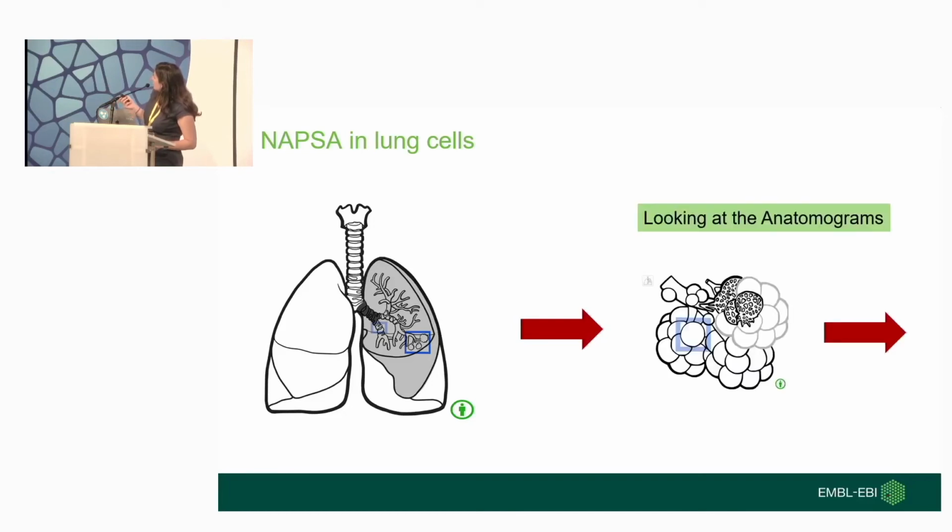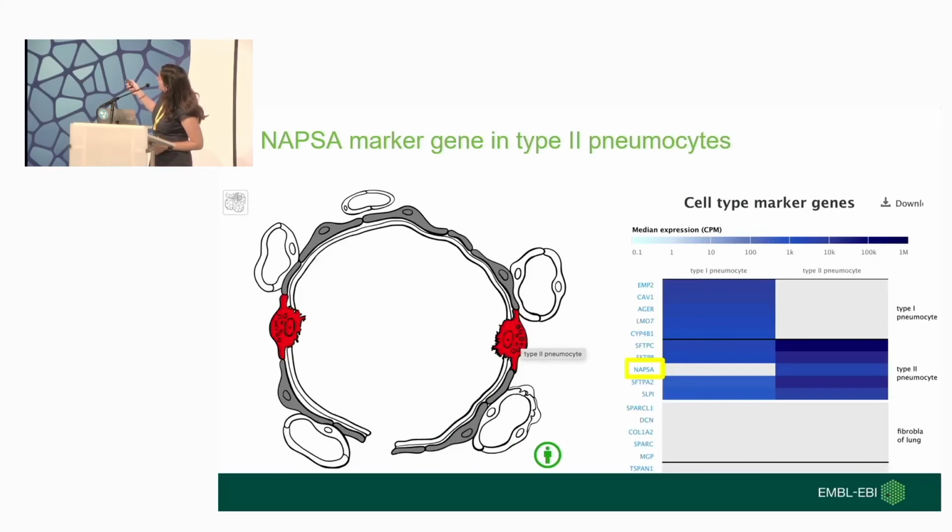You can zoom in to the alveoli, and zoom even further in and look at the different cell types, and then look at a heat map on the right-hand side, where that gene is obviously one of the marker genes of type 2 pneumocytes. You can also explore the marker genes of the other cell types in that region.